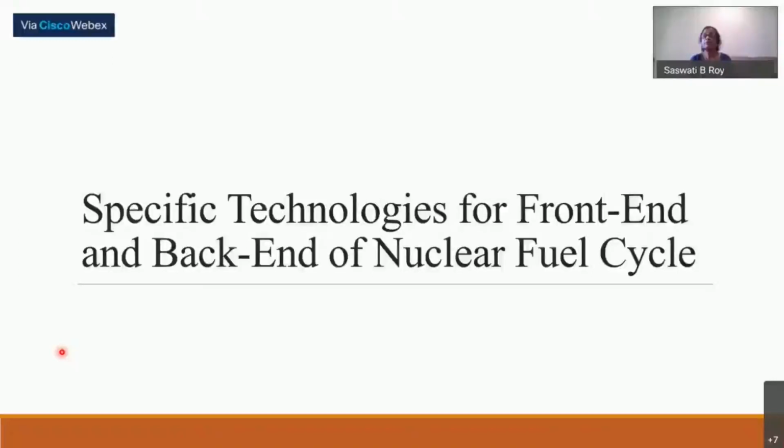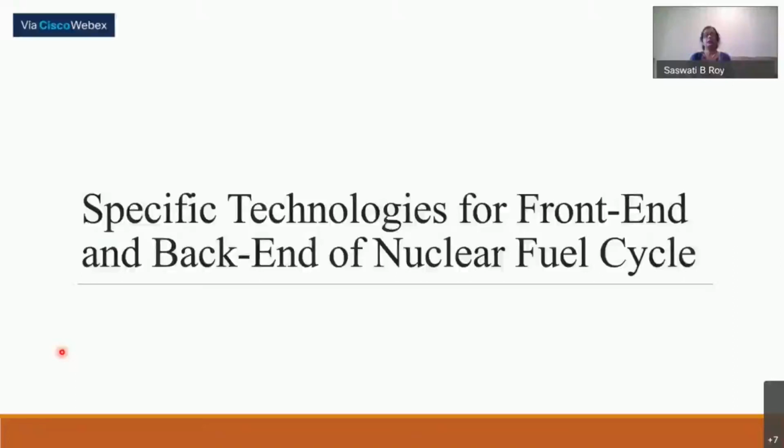I believe you must have got the information that the old reactors, Apsara and Cirus, were decommissioned in 2010, and now our new reactors, which are totally indigenous, Dhruva and new Apsara, are taking care of the full load of research reactor requirements.